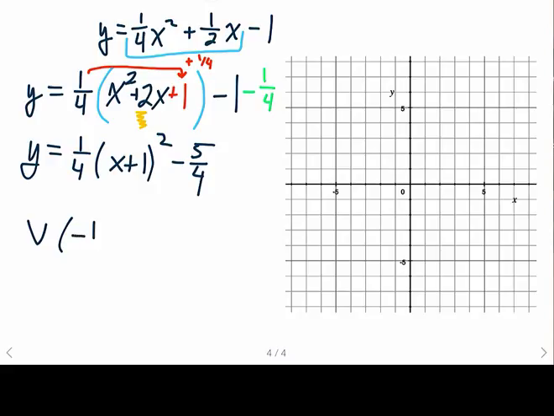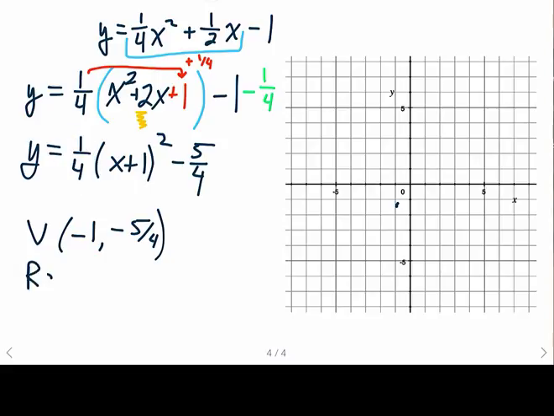The vertex is negative 1, negative 5/4. I can go ahead and plot that, negative 1, negative 5/4, in the third quadrant there. And this parabola opens up because of the 1/4 as a leading coefficient. It's not negative, and it's going to be quite wide.